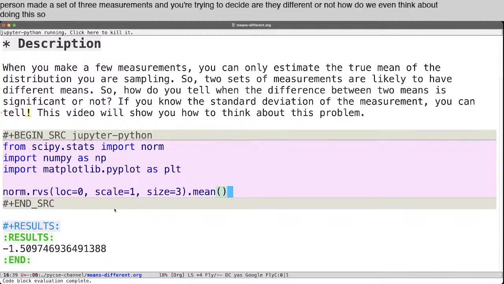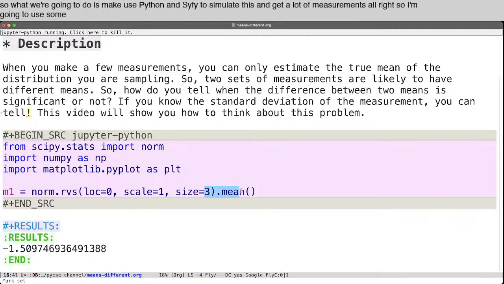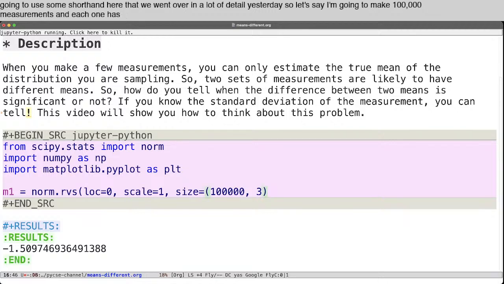What we're going to do is use Python and SciPy to simulate this and get a lot of measurements. I'm going to use some shorthand here that we went over in a lot of detail yesterday. Let's say I'm going to make 100,000 measurements, and each one has three measurements in it.